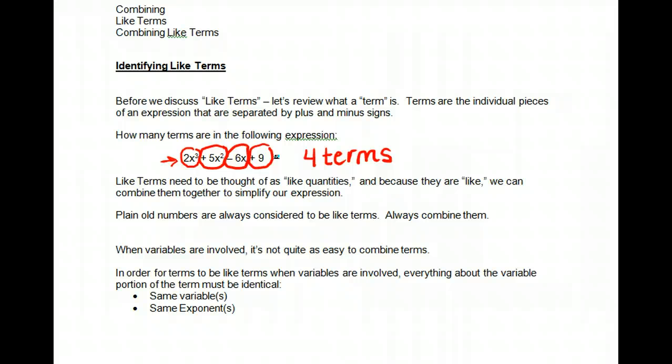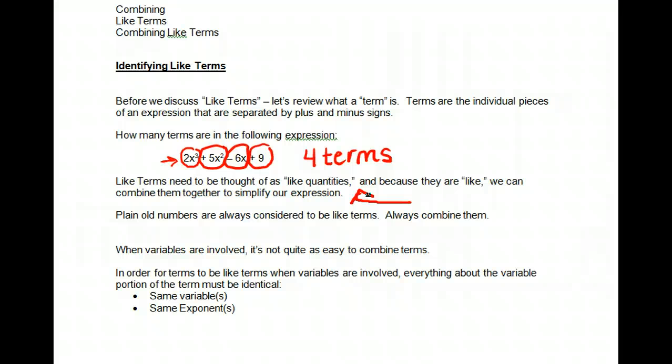Okay, now I say right here in this note that like terms need to be thought of as like quantities for a reason. When you have a 2x, a 3x, a 7x, think of that as something concrete rather than an abstract x.